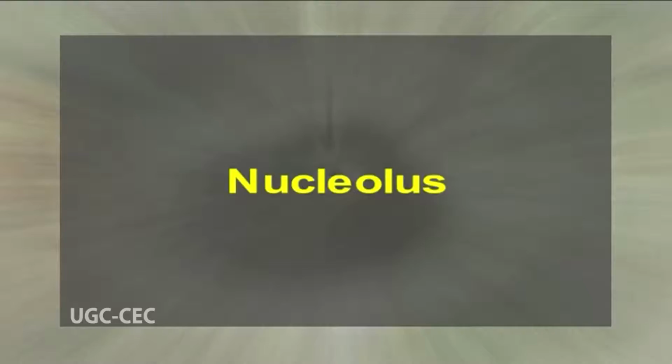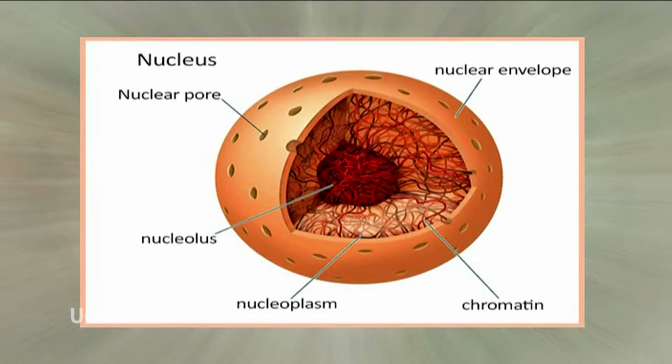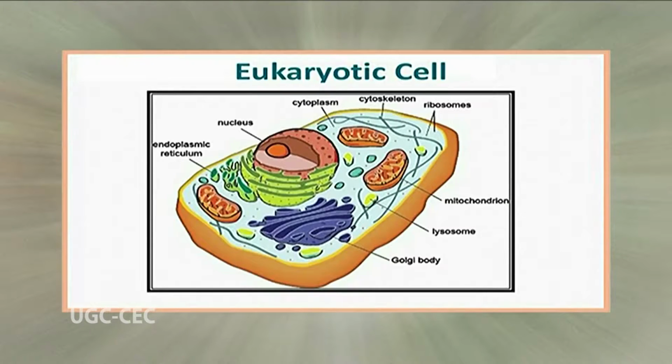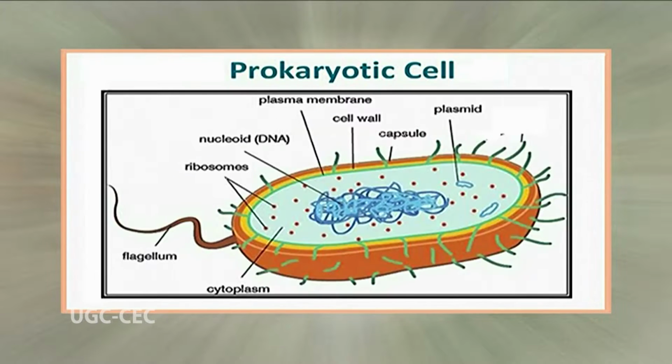So first and foremost, an introduction about the nucleolus. The presence of a nucleus is the principal feature that distinguishes eukaryotic cells from prokaryotic cells.